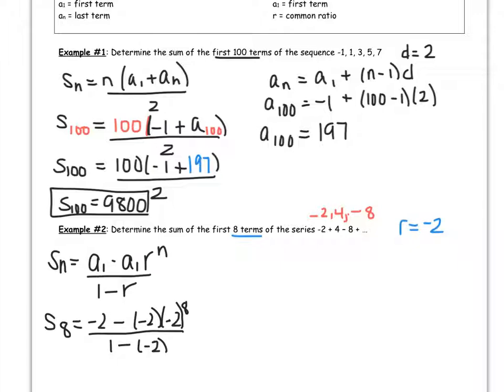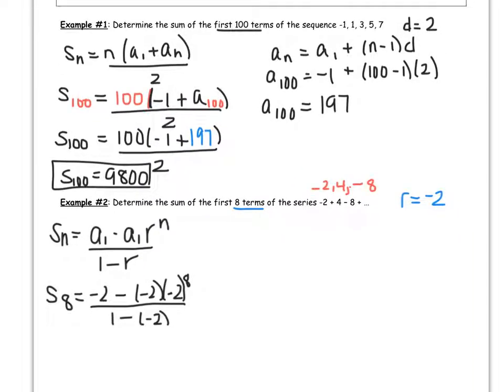We all have those new calculators. If you type this into alpha y equals just the way you see it, you should get the right answer. So take a minute, type what you have there, and then hit resume when you're ready to see the answer. Okay, I got 170. That's the sum of the first 8 terms.